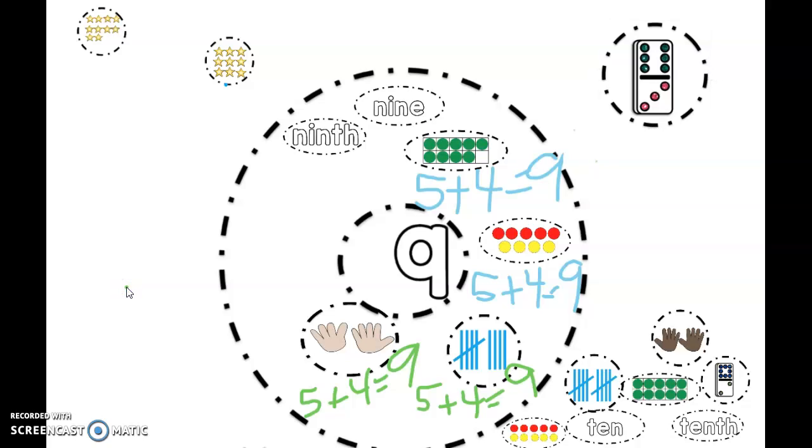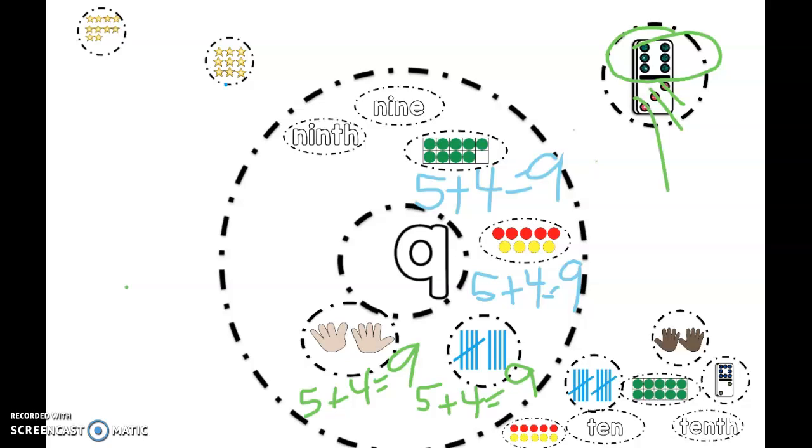All right, let's check our domino. All right, this is a different one. I don't have a domino yet. I have 6 on the top and 3 on the bottom. I know this is 6, so I don't need to count it. I'm just going to count on 6, 7, 8, 9.